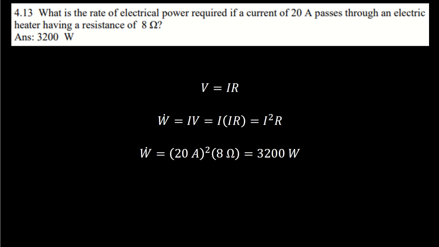And we could use Ohm's law to multiply current times resistance to get voltage, but really let's just simplify everything. The work rate equals IV, or using Ohm's law, equals current times resistance, or I squared R. Therefore, the electrical work rate is 20 amps squared by 8 ohms, or 3,200 watts.